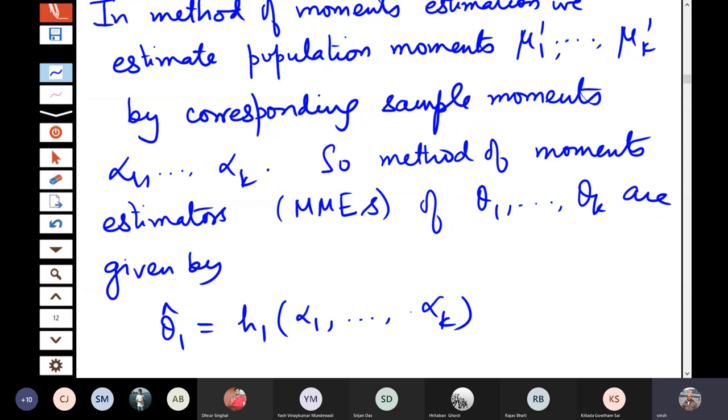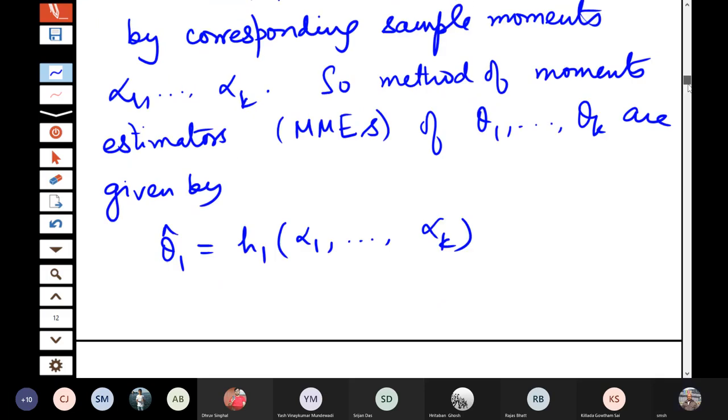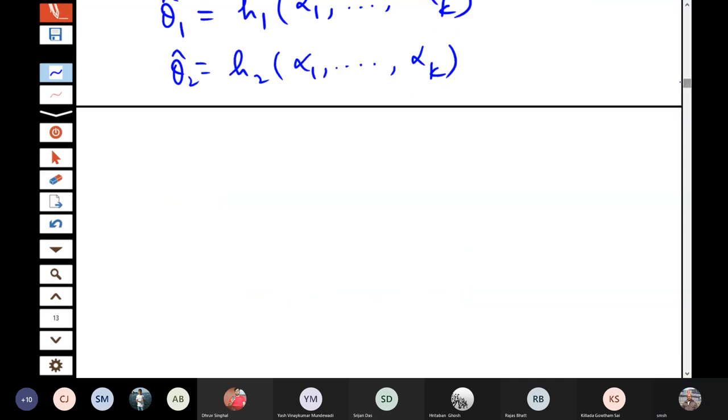That means in place of mu1 prime, mu2 prime, I substitute alpha 1, alpha 2, alpha k. So this method is a very straightforward method based on a basic understanding of the subject. That means for population moments, we use the corresponding sample moments to get the estimator.